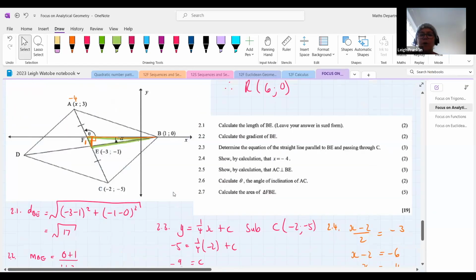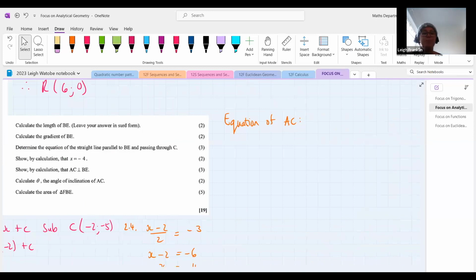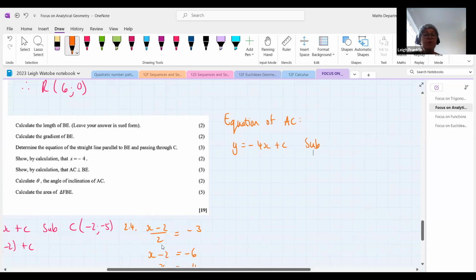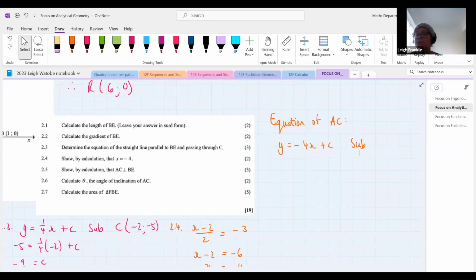What did I do in 2.3? Oh no, that was the line parallel to BE. Okay, so that wasn't it. So I could say y equals -4x plus c, and then I can sub in a point. So if I sub in point C, C has the coordinates -2 and -5.